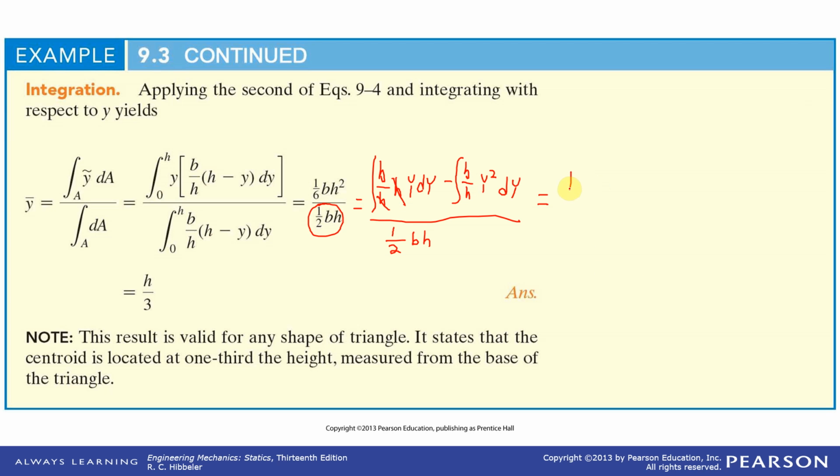Equals b y squared, or when you do the integration, b y squared over 2, and the limits of integration, h. So it's b h squared over 2. Minus b over h, and that'd be h cubed over 3.